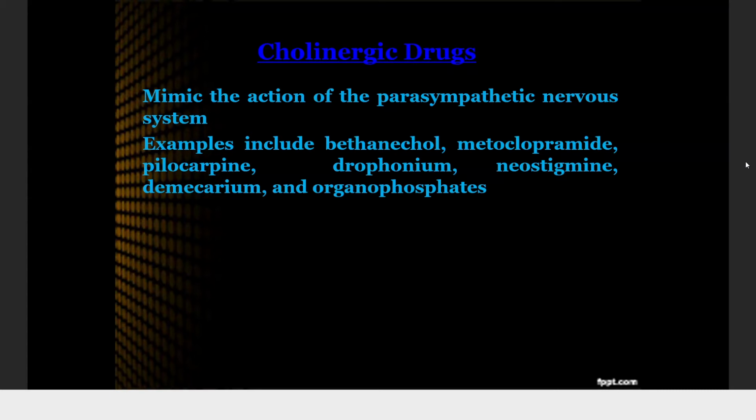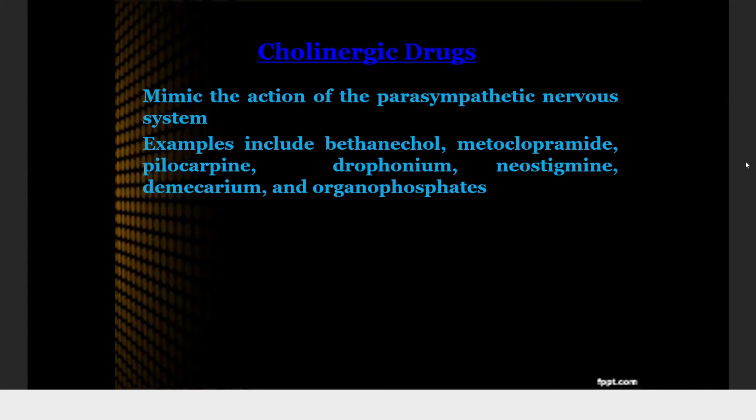You cannot use bethanechol because it will further reduce the outflow of urine and exacerbate the outflow resistance of the urinary bladder.